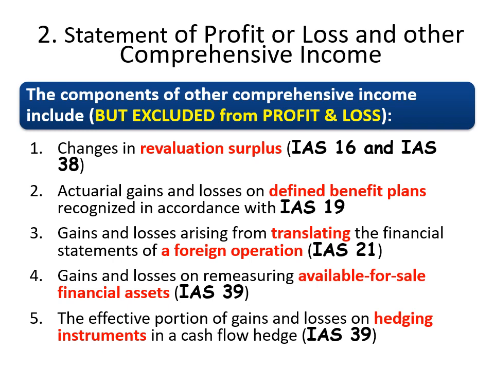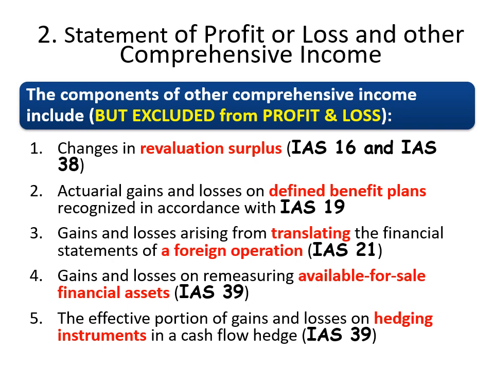And then we might also include actuarial gains and losses on the defined benefit plans as recognized in accordance with IAS 19. We also have gains and losses resulting from translating the financial statements of foreign operations, when the company has foreign currency and we have to translate it into rupiah, for example. So there will be gains and losses.